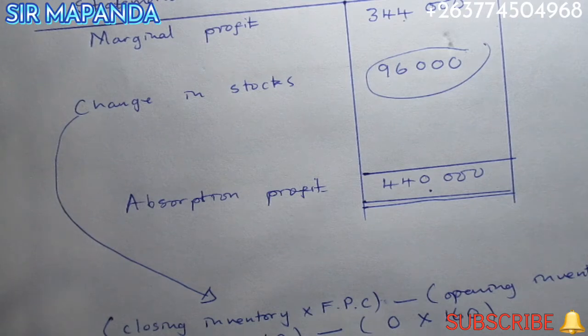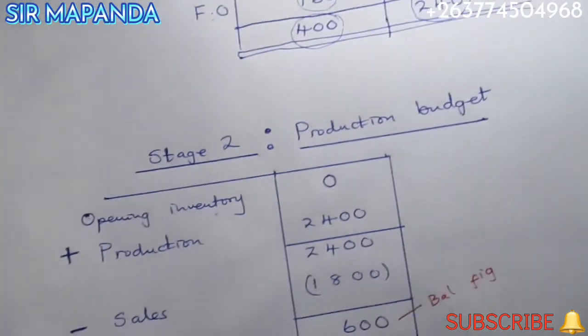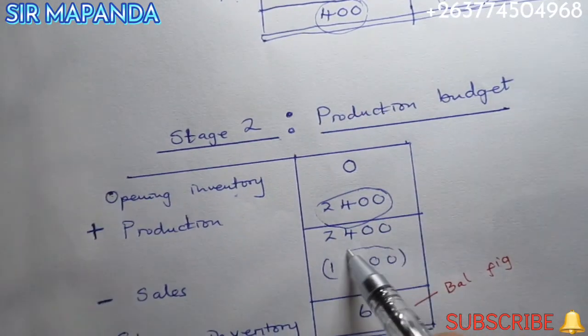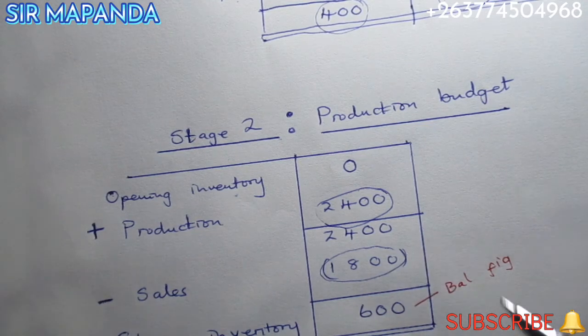First point. Right. Then absorption costing profit obtains higher profit than marginal costing. Why? Because actual units produced, right, exceeded the units sold. You can clearly notice that in your quantity statement or a production budget, that actual units produced of 2.4 exceeded the actual units sold.